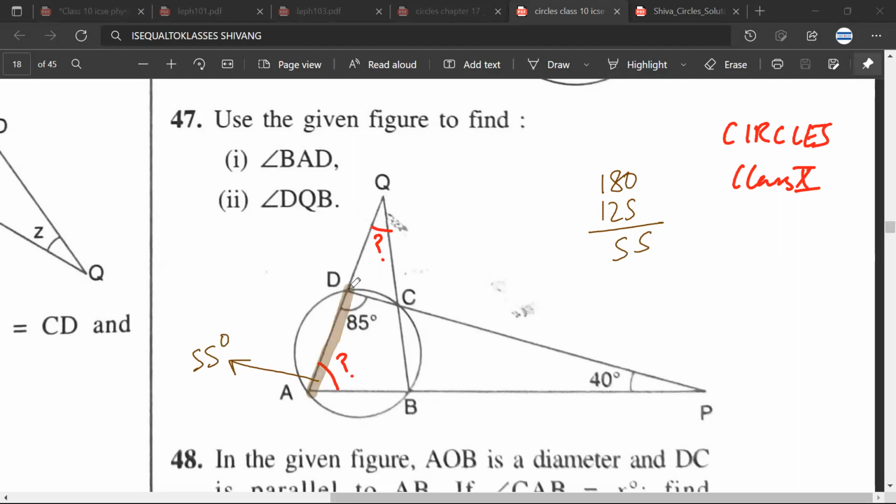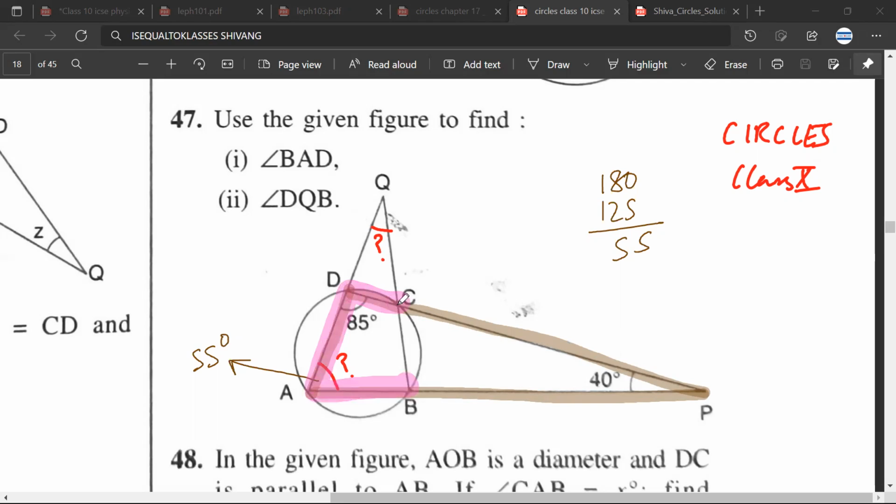Because we don't have the appropriate angles, what we can do is, because DCBA is a cyclic quadrilateral, angle ABC will be 95 degree. So what you are suggesting is that this is a cyclic quadrilateral.